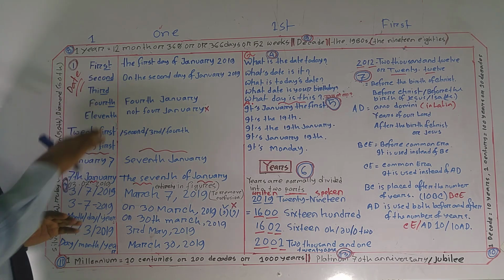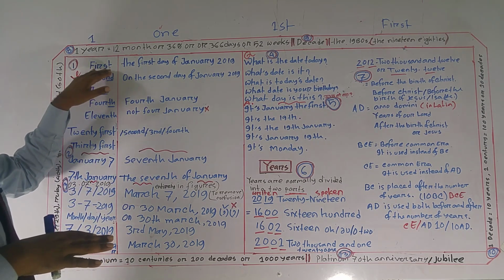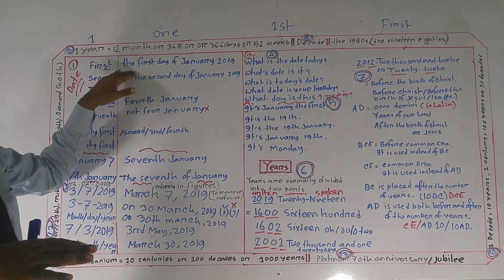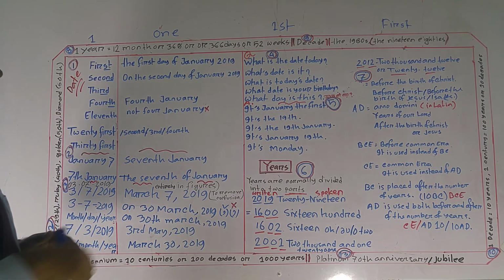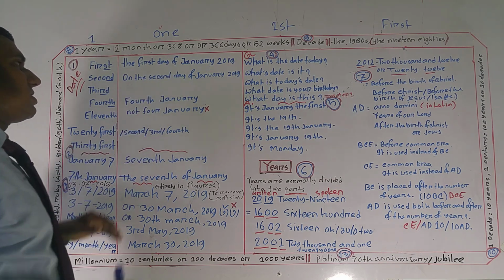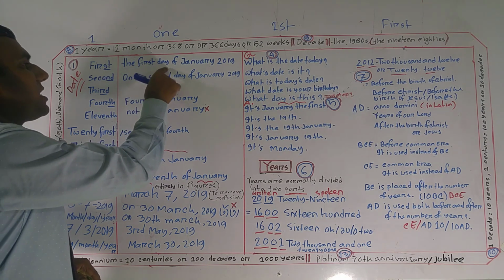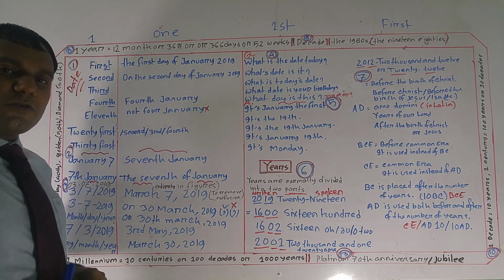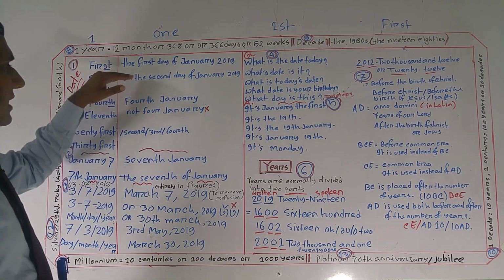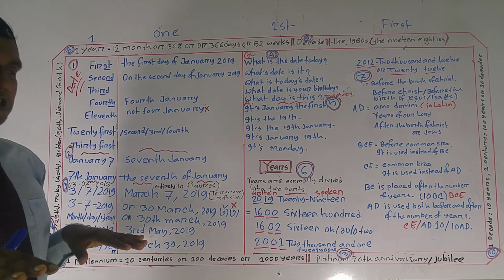This form you will find in different ways, but if you would like to use this form in time and date, at that time you have to tell this sentence or phrase. This phrase is: the first day of January 2009. In this way you have to say it when speaking English.